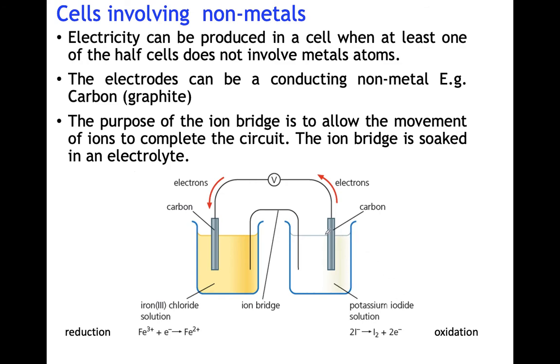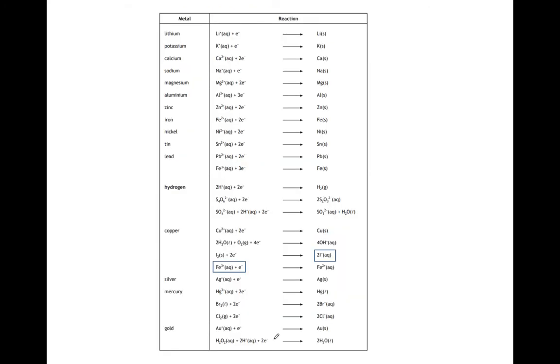Here we have a carbon electrode in potassium iodide solution and a carbon electrode in iron 3 chloride solution. Now, if we consult our electrochemical series, we can see that iodide ions are higher in the electrochemical series than iron 3 plus ions.